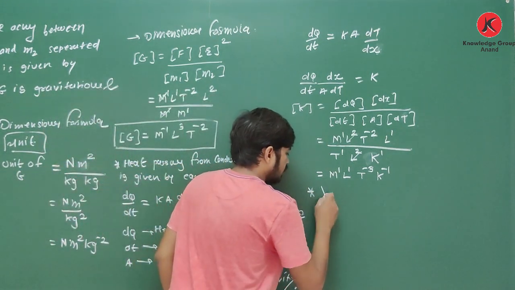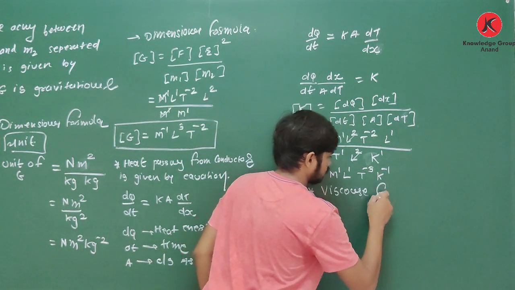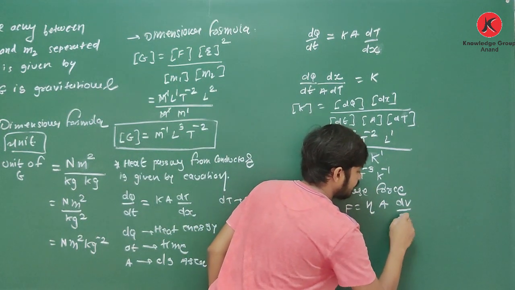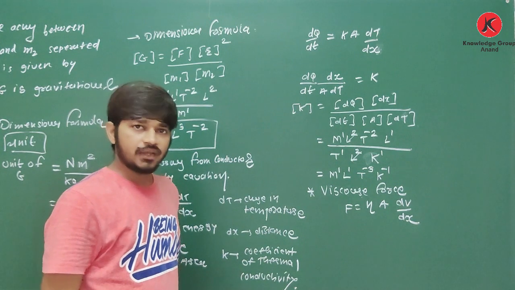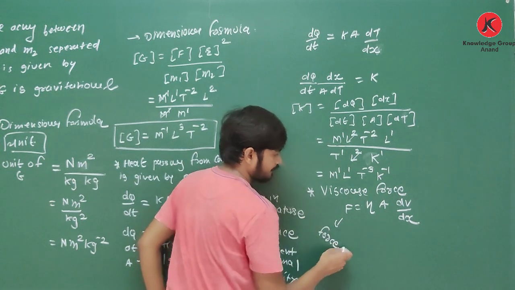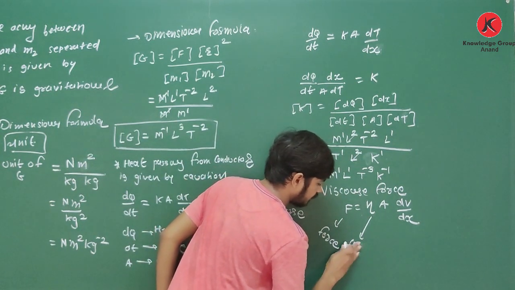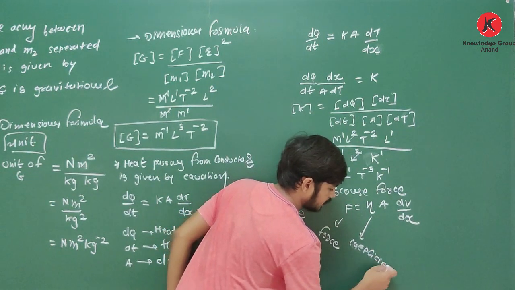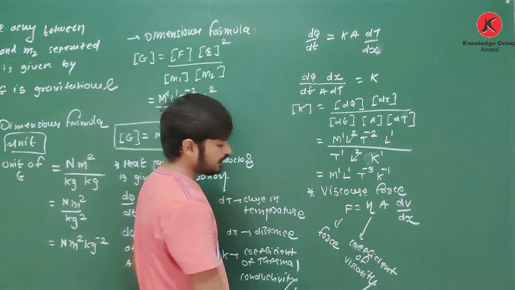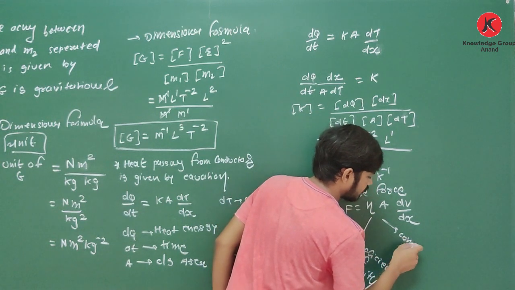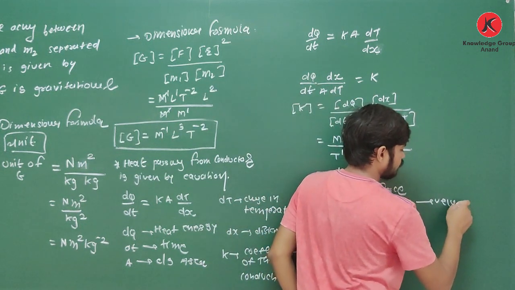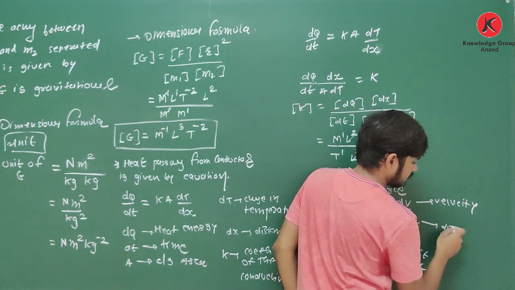See, viscous force F is equal to eta A dV upon dx, where F is force, eta is the coefficient of viscosity, A is contact area, dV is velocity, and dx is distance.